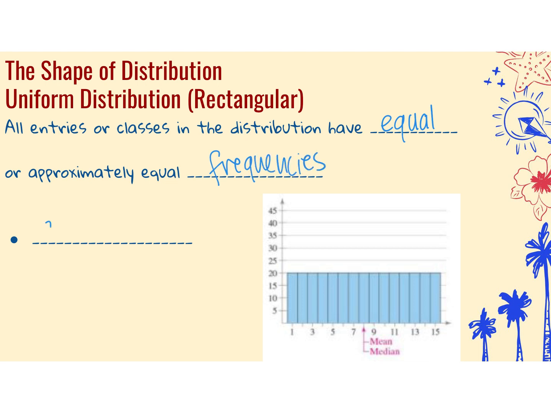Okay, this is just another form of symmetric, because if you folded it down the middle, it would look the same on both sides, but it also, everything across the board is the same. You'll notice again that the mean and the median are the same, and it has no mode because they're all the same number, so nothing has the most frequency.